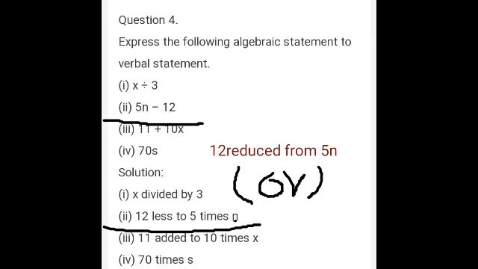It means 12 reduced from 5n. 5n means 5 times n. So finally, 12 reduced from 5 times n. Yes, isn't it?